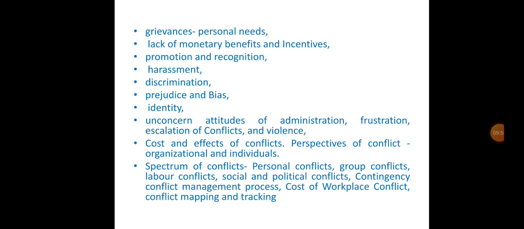Then maybe the issues with promotion and recognition, or maybe harassment, discrimination, prejudice and bias, then any imparity with respect to identity, then unconcerned attitudes of administration, frustration, escalation of conflicts and violence, then cost and effects of conflicts, then perspectives of conflict, organizational and individual, then spectrum of conflict: personal conflicts, group conflicts, labor conflicts, social and political conflicts, contingency conflict management process.